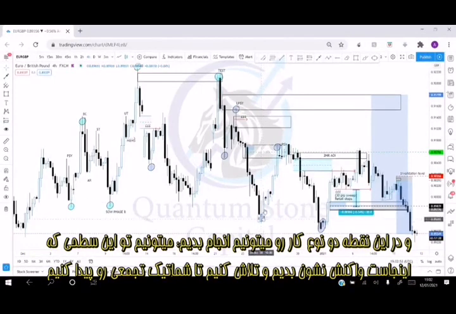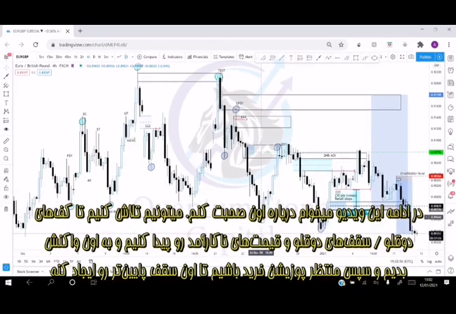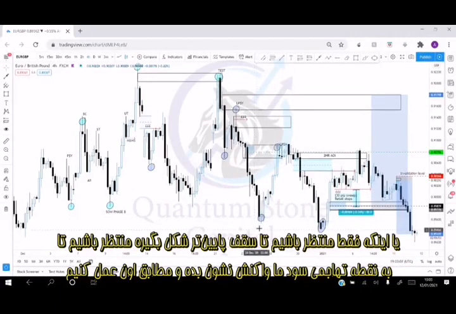We can react upon this level here and try to find an accumulation schematic, which I'm going to cover later on in this video. We can try to find equal highs, equal lows, inefficient pricing, react off that, and then look for longs to form that new lower high. Or we can simply wait for the lower high to form, wait for it to react at a point of interest of ours and act accordingly.